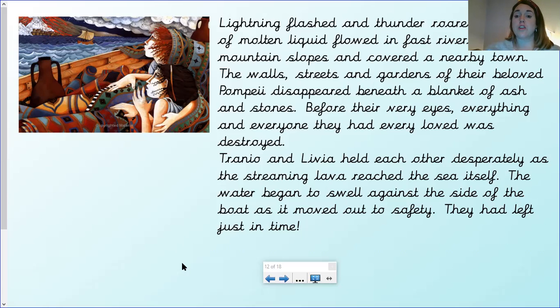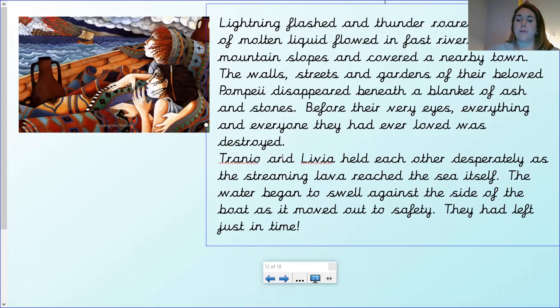The walls, streets, and gardens of their beloved Pompeii disappeared beneath a blanket of ash and stones. Before their very eyes, everything and everyone they had ever loved was destroyed. Tranio and Livia held each other desperately as the streaming lava reached the sea itself. The water began to swell against the side of the boat as it moved out to safety. They had left just in time.